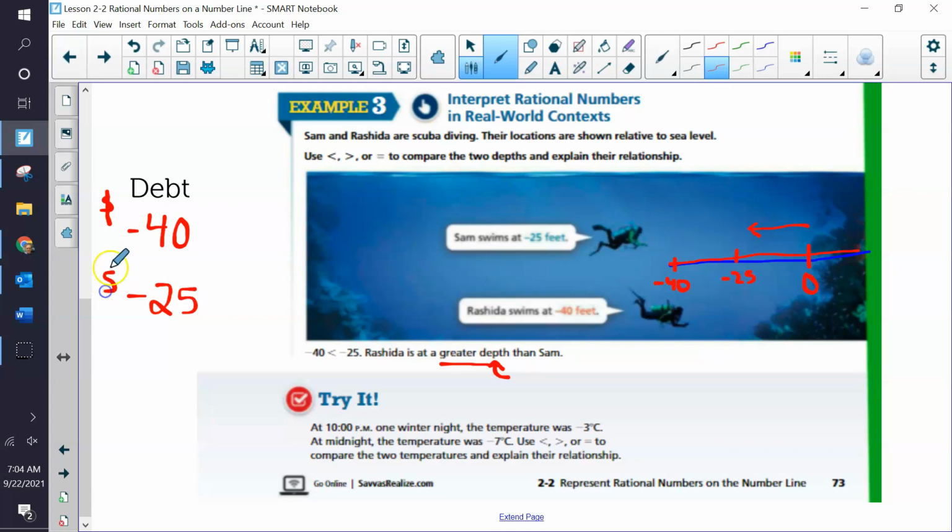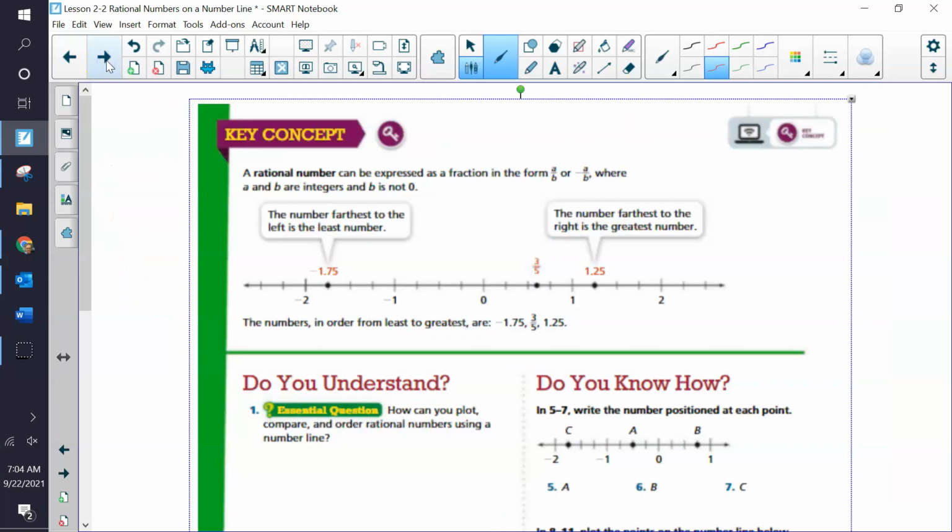All right, so who has a greater debt? In other words, who has a greater negative? Negative 40. So sometimes we do use the word greater to describe a lesser number when the word itself is a negative word, like debt or depth. Those are just some examples. So you might see some of those in the future.